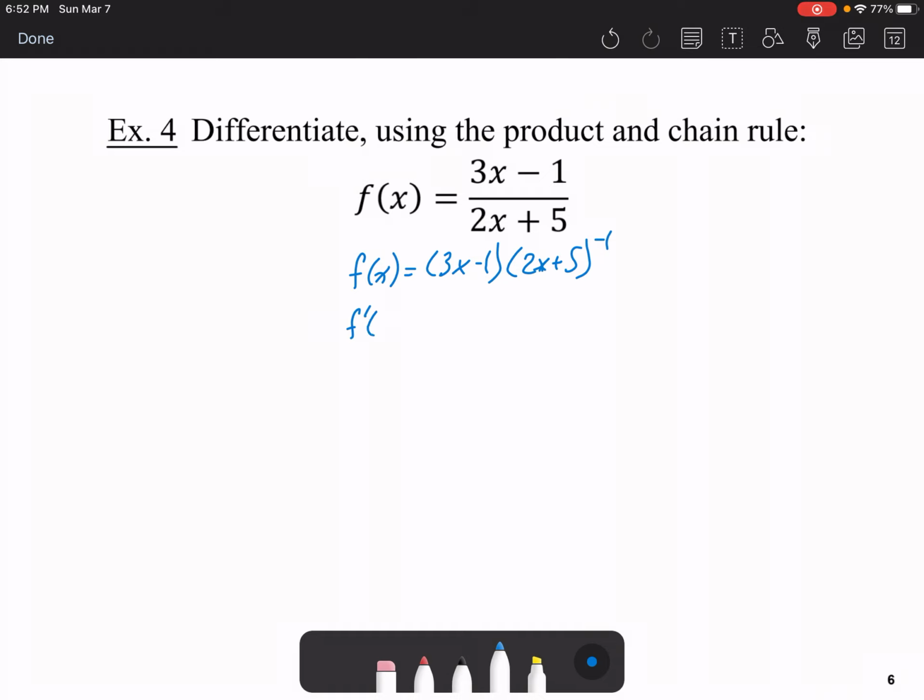Apply the derivative. So the derivative of 3x minus 1 is 3. Leave the 2x plus 5 to the negative 1 alone. Add. Now leave the 3x minus 1 alone. Find the derivative of the 2x plus 5 to the exponent negative 1.